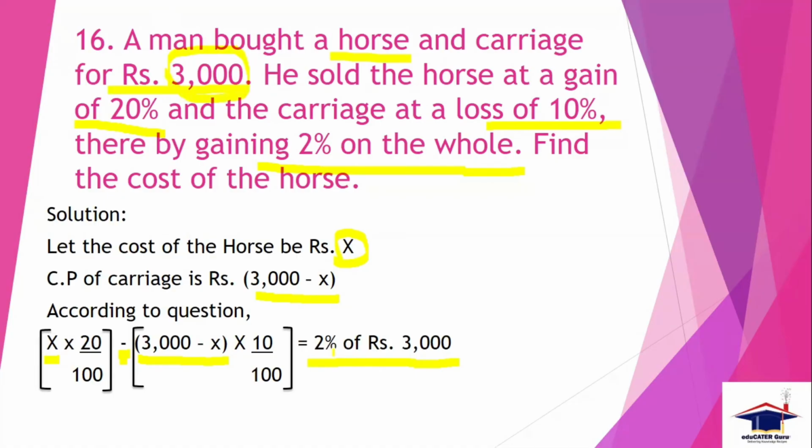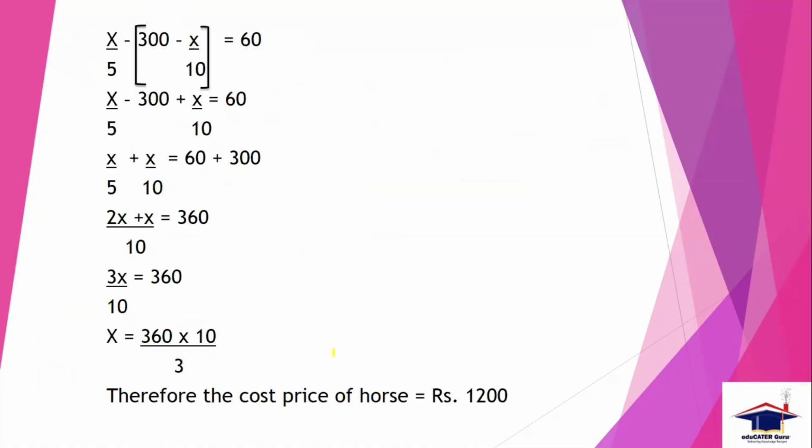So how to solve this? Let us see. x by 5 minus (300 minus x by 10) is 60. Removing the brackets, x by 5 minus 300, here minus into minus becomes plus x by 10 equals 60. Then x by 5 plus x by 10 is equal to 60 plus 300, as this minus when it comes to the right hand side becomes plus 300.